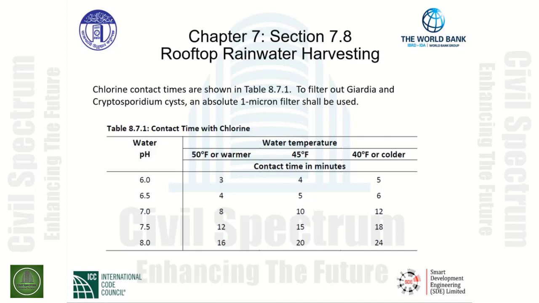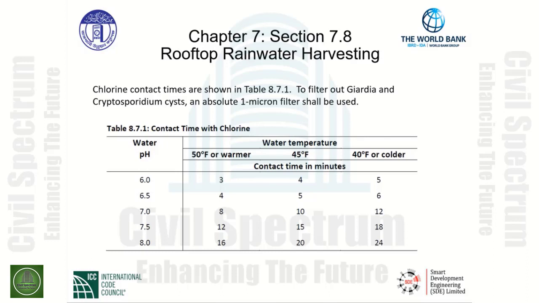From the table, it can be observed that chlorine takes longer at a cold water temperature. Look at the water pH of 6.0 and 50 degrees Fahrenheit or warmer. Disinfection is achieved after 3 minutes. Decreasing the temperature 10 degrees Fahrenheit, disinfection will take an additional 2 minutes, for a total of 5 minutes.